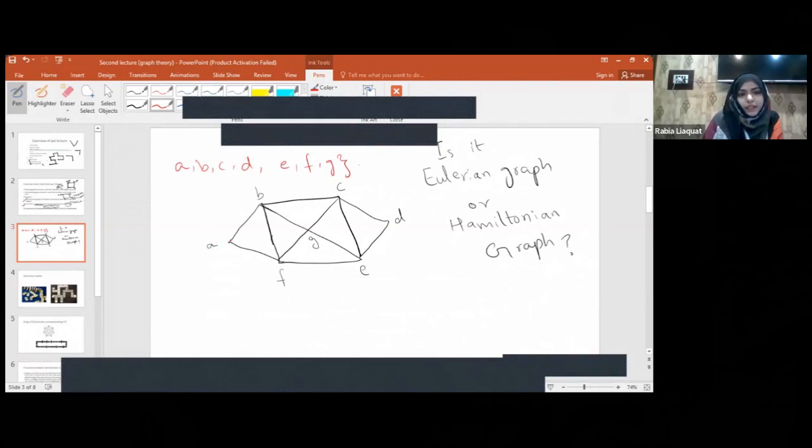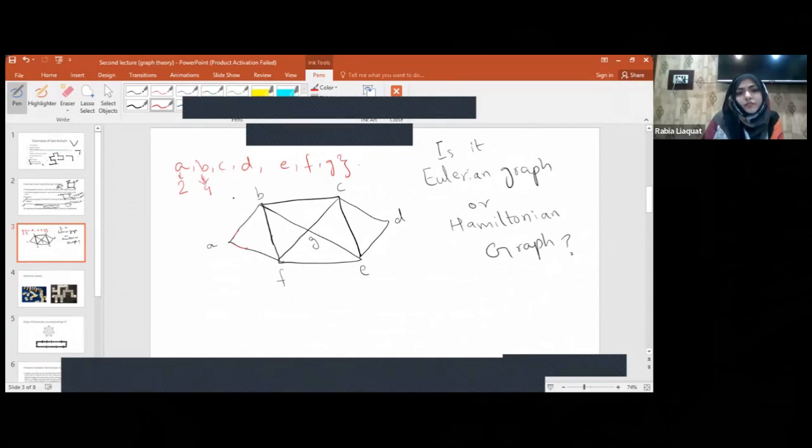For example, A has degree 2, 2 edges passing from A. Degree of B is 4. There are 4 edges coming from B.